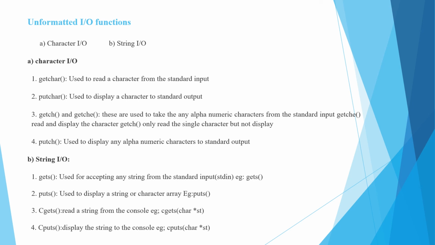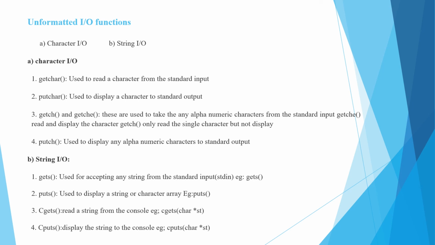Then we move on to the next slide, unformatted input-output functions. There are two different types of unformatted input-output functions: character input-output and string input-output. Character input-output functions: getchar is a function which is used to read a character from the keyboard, the standard input device.